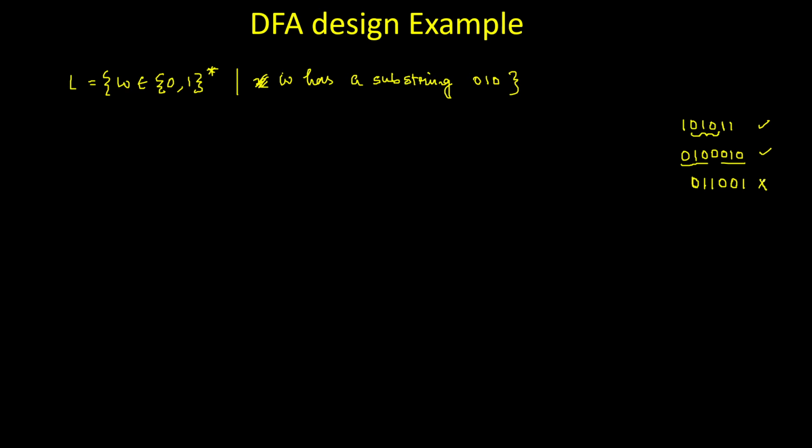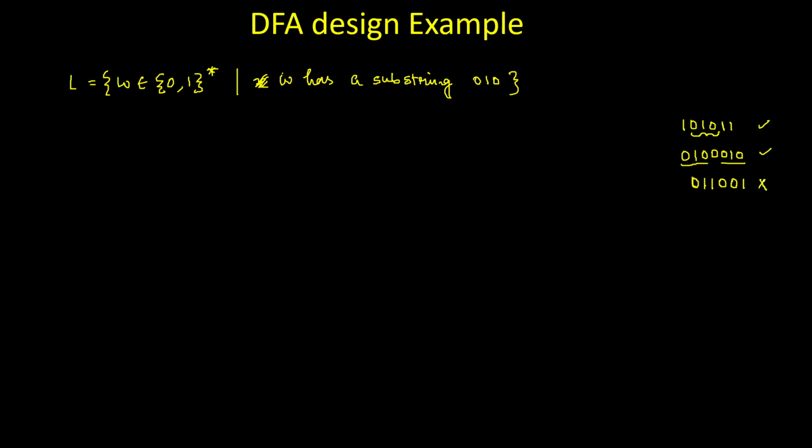We have to design the DFA in such a way that if the string is within the language, then after visiting the last character of the string, the DFA is in the final state. Otherwise, the DFA will not accept the string.